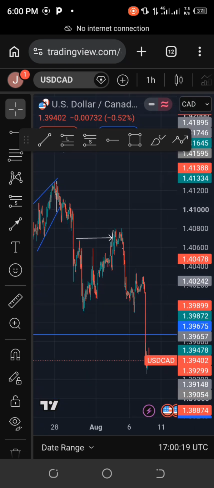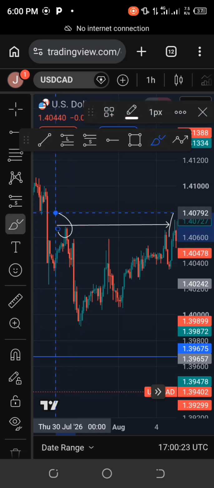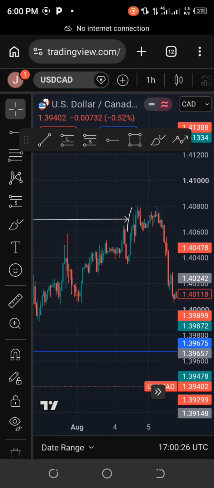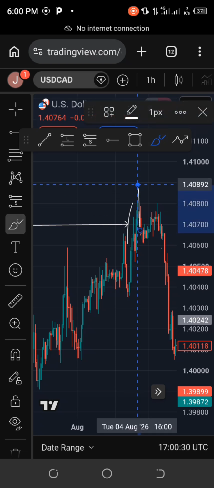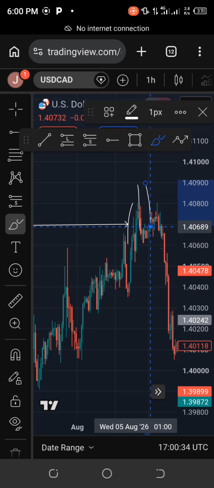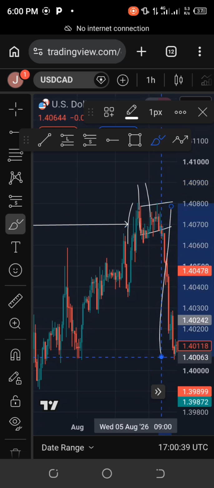There we go. You can see the footprints the market left earlier on. There it is, and we came back. We cleared the highs right here. When we cleared the highs, we pulled back down, gave a little sideways correction, and we followed through.